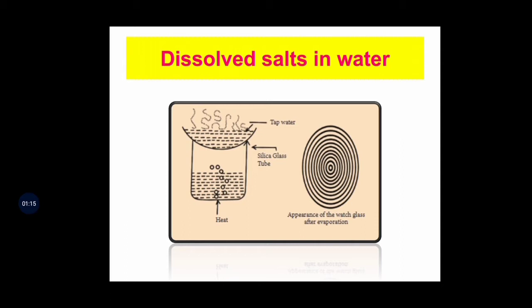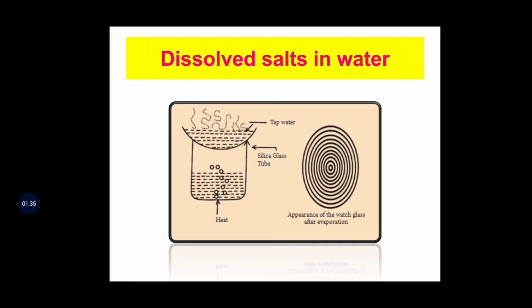When you boil the water in the beaker, what will happen? The tap water which is present above the watch glass will evaporate soon. And after that, you have to wash the watch glass.